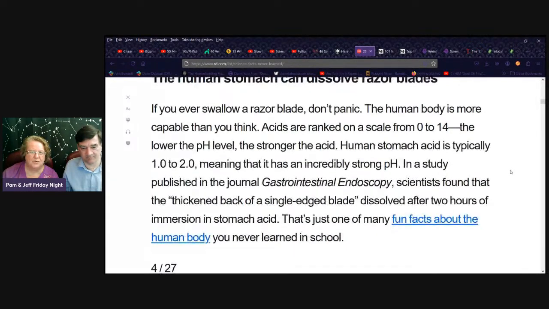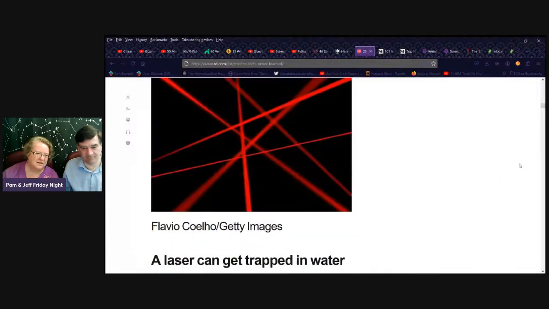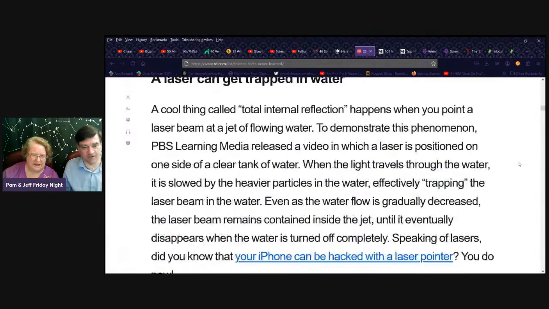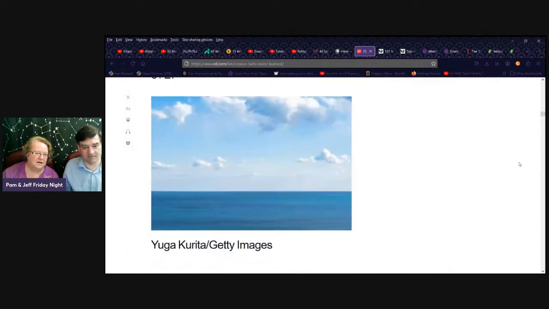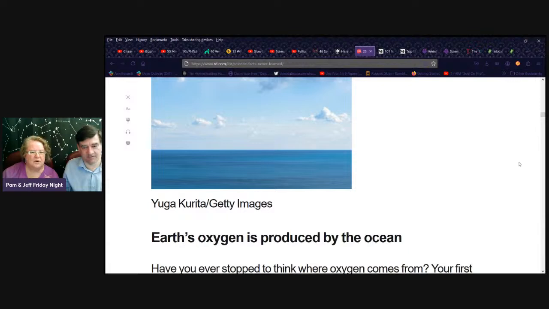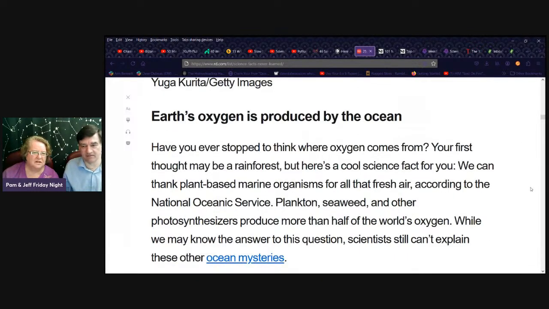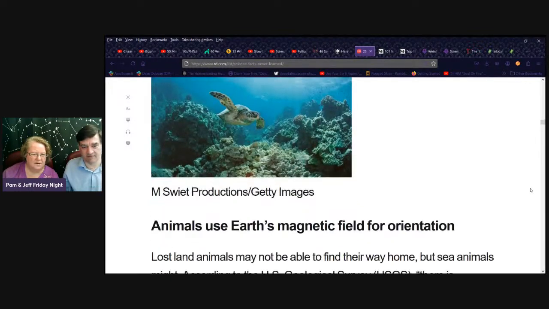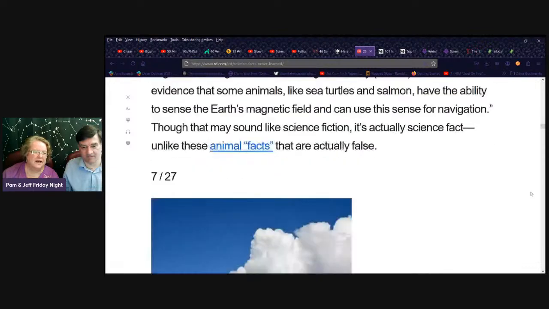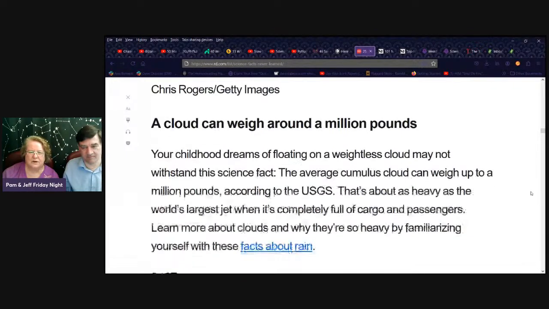The human stomach can dissolve razor blades. Yep. Oh, the Earth's oxygen is produced by the ocean. Most of it. Basically, yes. Yeah, the plankton. Magnetic field, we saw that. Oh, clouds can weigh 1 million pounds.